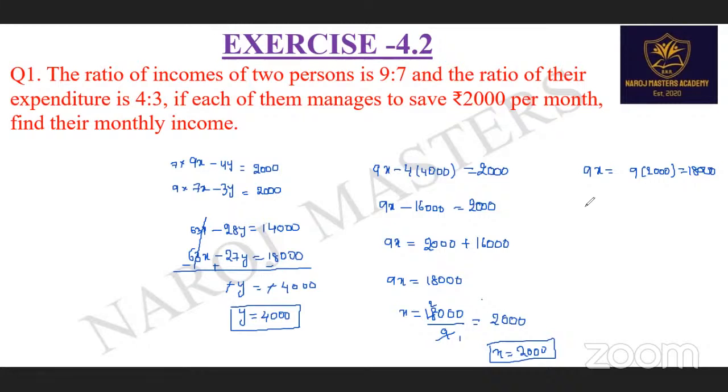What is the income of the second person? 7x, 7 into 2,000, that equals 14,000. So these are the incomes of each person. Now look at the next question.